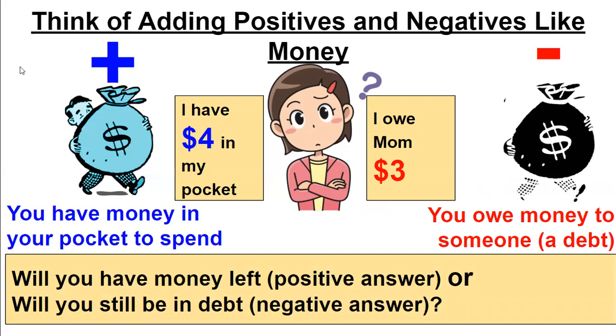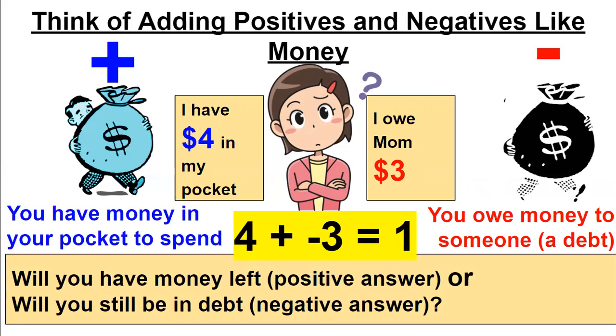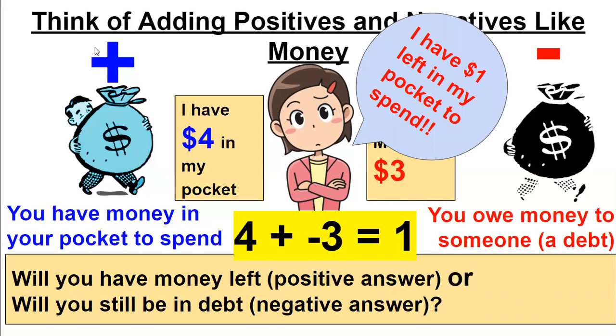Well, she will have $1 left in her pocket. 4 plus -3, again, negative is the amount she owes. 4 is the amount she has in her pocket. She will be left with $1 after she pays Mom. So she has $1 left in her pocket to spend. Not very much, but maybe she could buy a little bit of a snack.